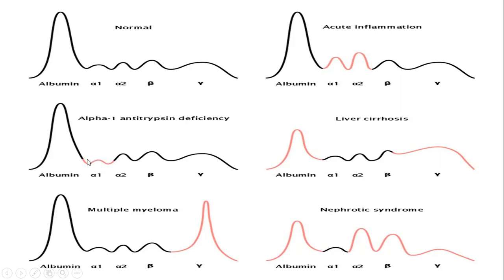Another one shown here is a decrease in the alpha 1 component, usually seen in alpha 1 antitrypsin deficiency. Alpha 2 globulin band spike is usually seen in nephrotic syndrome. Again, beta gamma bridging in liver cirrhosis and gamma spike in multiple myeloma.